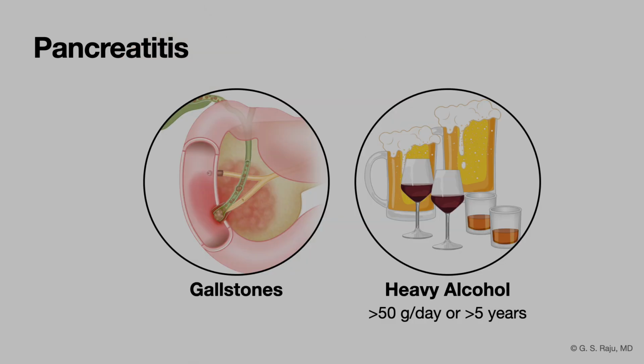So in summary, the 2 most common causes of pancreatitis: look for gallstones, and make sure that you don't label somebody as having alcohol-related pancreatitis unless you have a history of heavy alcohol use, more than 50 grams per day for at least 5 years.